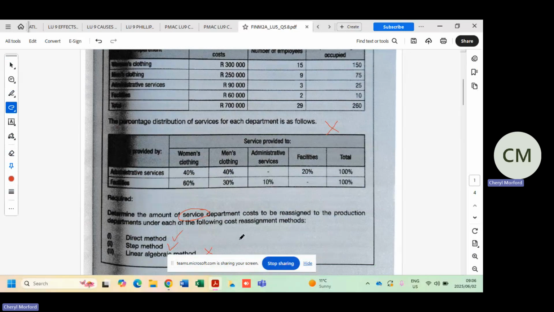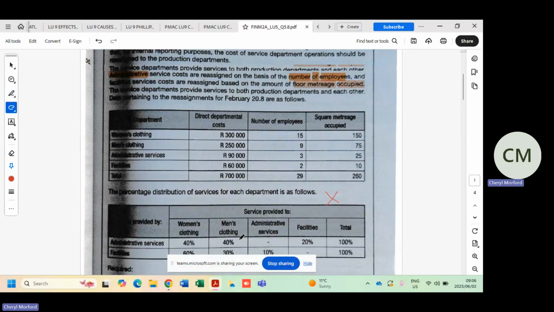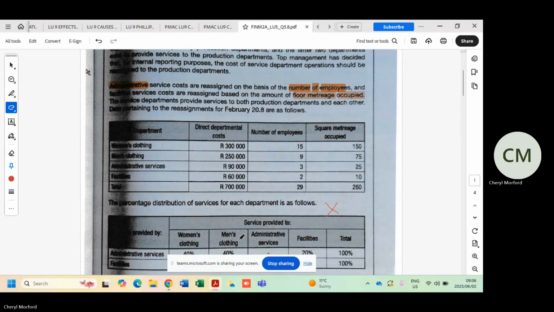All right, so what we're going to do here is find the direct department costs of, I'm just going to start with admin for no reason other than that A comes before F for facilities. So I'm going to see here that the admin services has a direct cost in its department, but that's only for it. That excludes what it does for the production departments of 90,000.